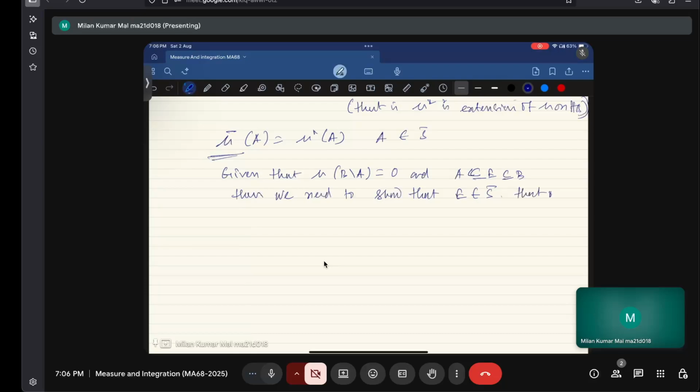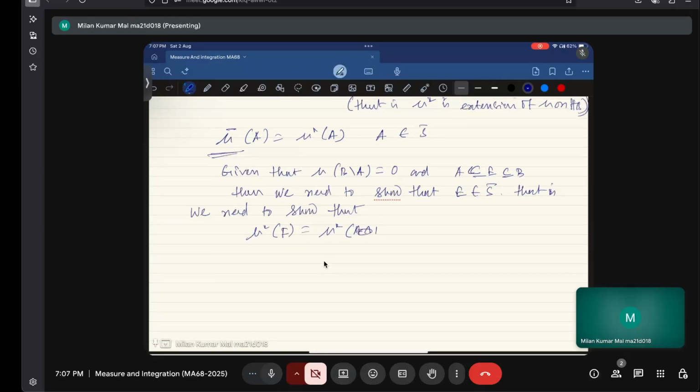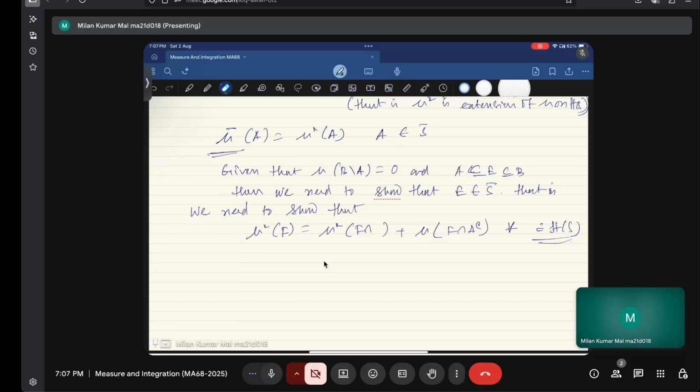That is, we need to show that mu star of F is equal to mu star of F intersection E plus mu star of F intersection E complement for all F belonging to H of S. This is what we have to prove.